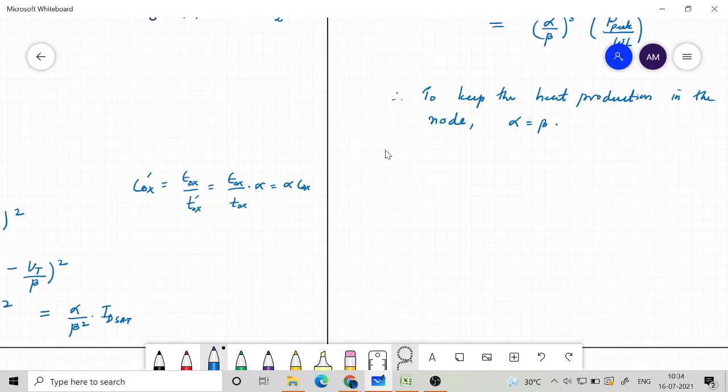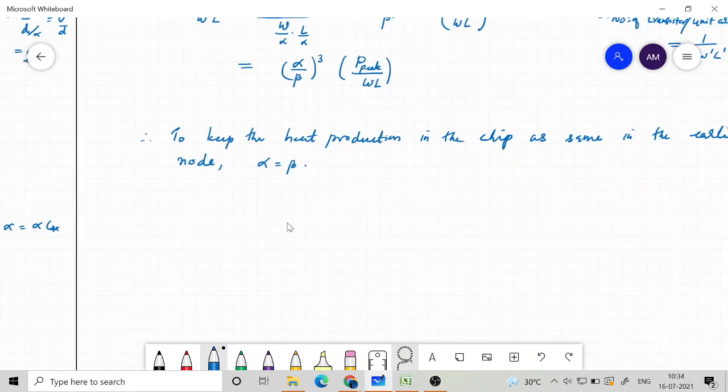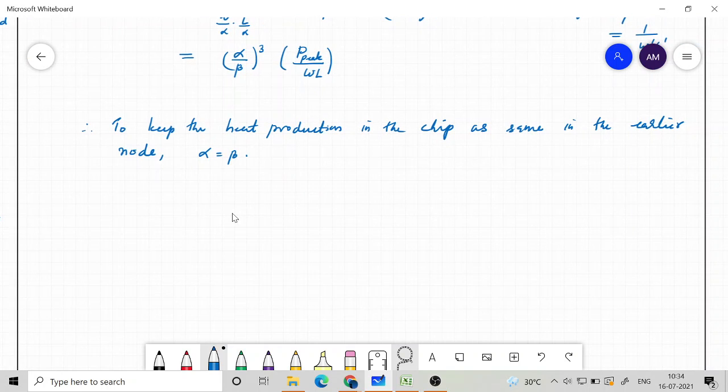Okay, one more thing I forgot to talk about, that is basically the depletion region and the doping concentration. We need to modify the doping concentration, and how to modify it will depend on which type of scaling we are doing.